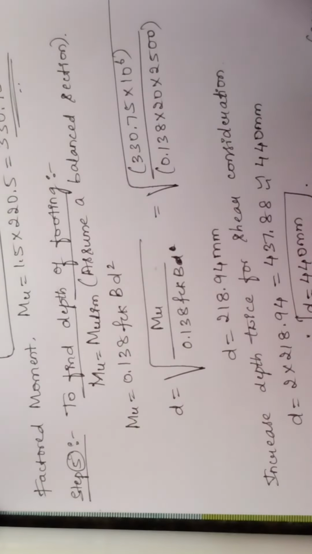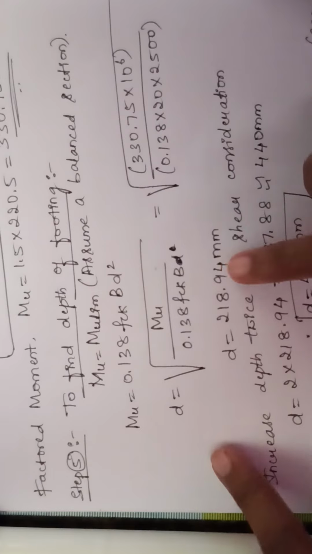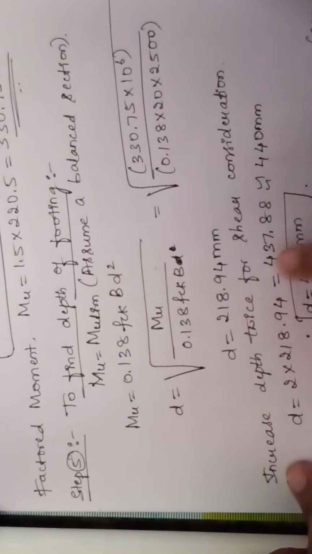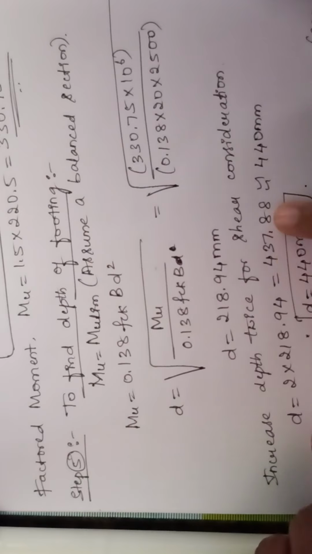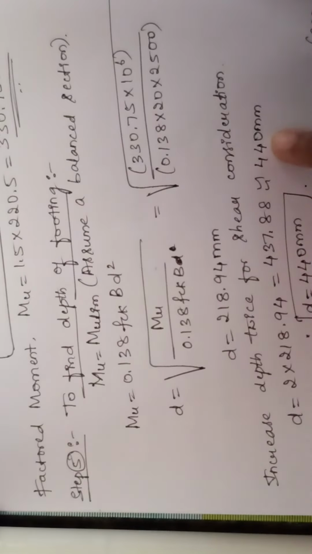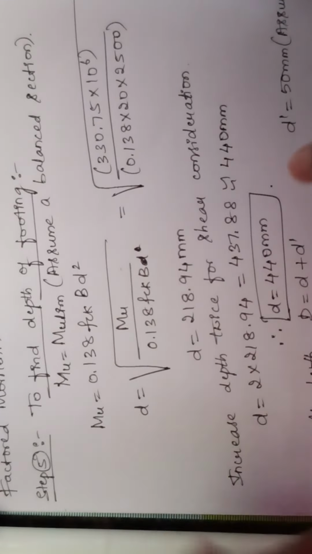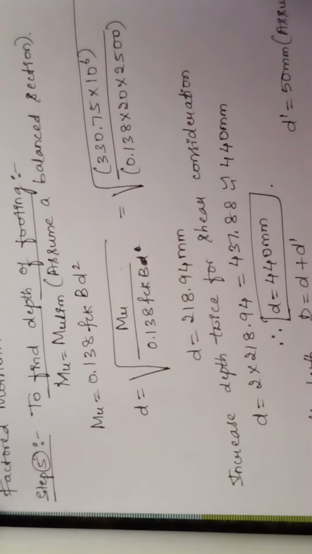Whatever value you get from the calculation, you just do twice of it. Twice of our value gives you a value of 437.88. Approximately you take a value of 440 mm. So now this is the depth we are providing. So 440 mm represents our effective depth of the footing.